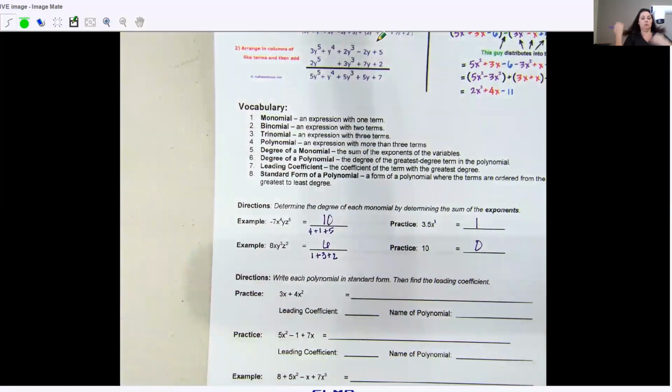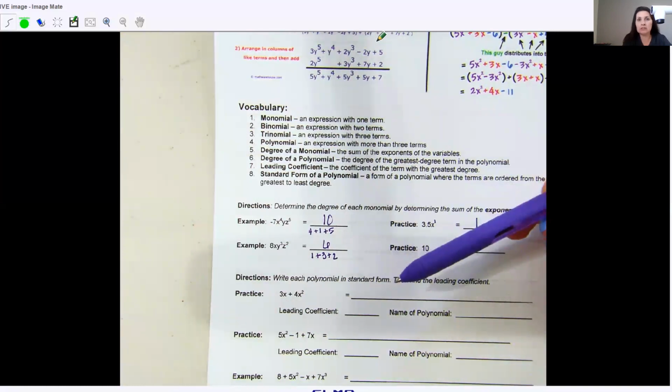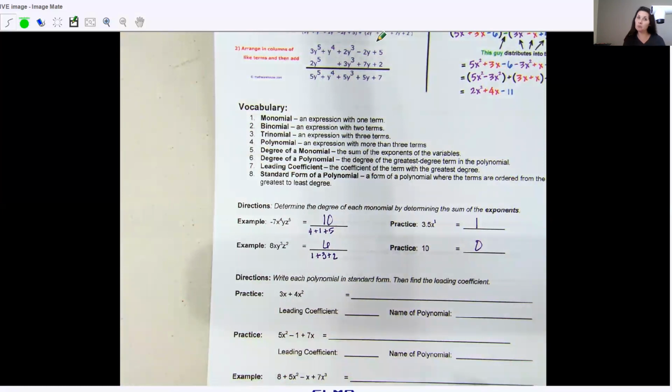We are going to rewrite each polynomial in standard form and then find the leading coefficient. In order to write it in standard form, you need to take each term, each monomial within the entire polynomial, figure out what its degree is, and then you will order those monomials in order from greatest degree to least degree. So let's see what that looks like here.